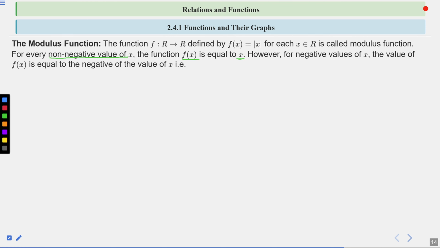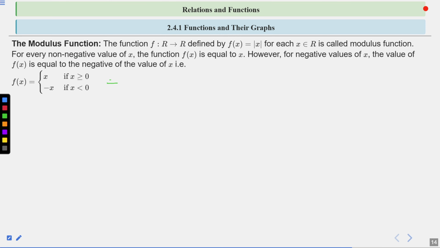So if your input is non-negative, meaning 0, 1, 0.1, 0.2, 0.3, 1 upon 100, any non-negative real number, then the output will be the same as my input. If you give a negative real number as input, then the output will be the negative of that negative number. Clear?